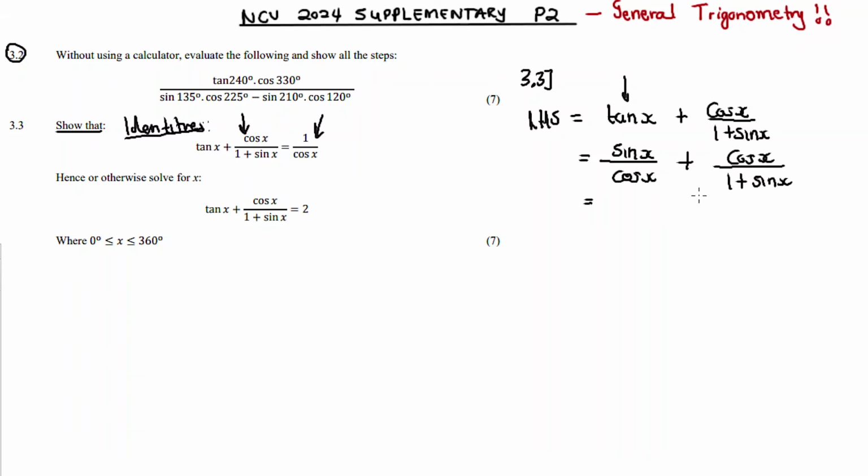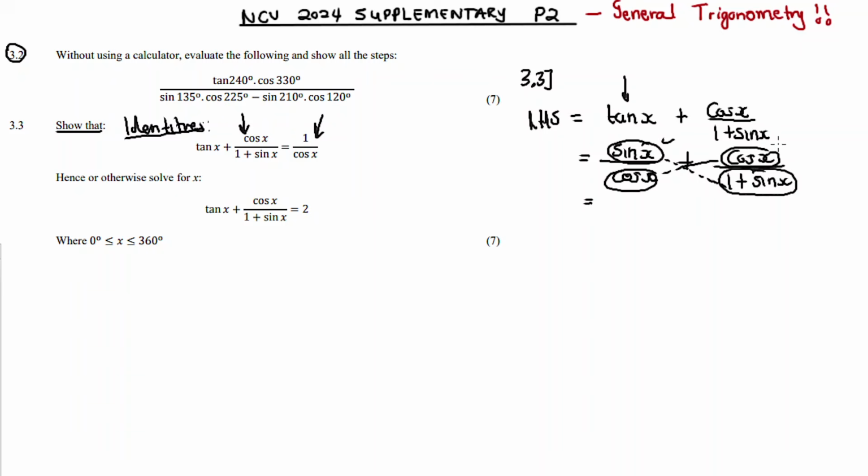Then how do we simplify this? We use the butterfly method, where we cross multiply the numerator and the denominator, and cross multiply this numerator and denominator.